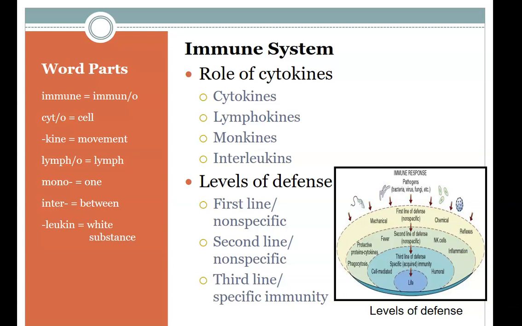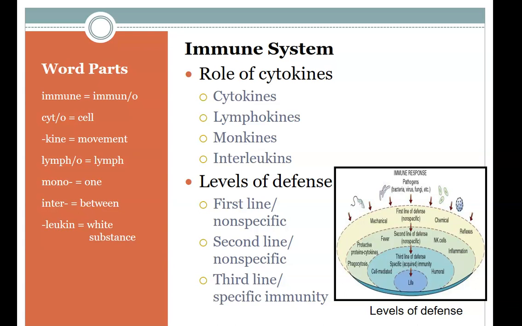Nonspecific immunity refers to the various ways that the body protects itself from the many types of pathogens without having to recognize them. The levels of defense provided by the immune system are divided into a first line, which is nonspecific immunity, a second line, which is another type of nonspecific immunity, and a third line, which is a specific type of immunity.